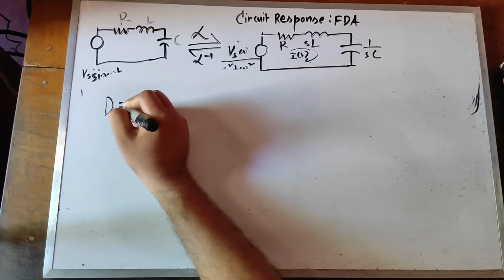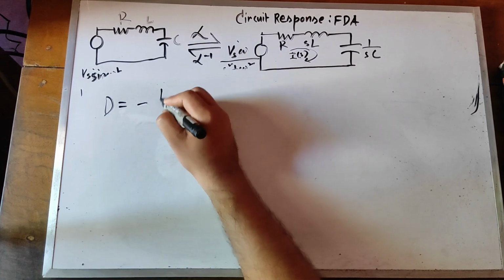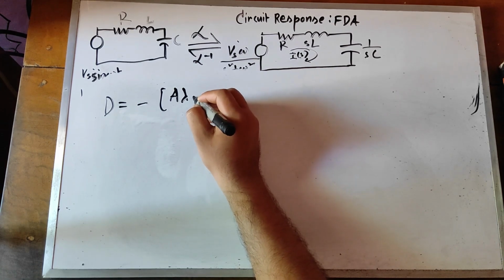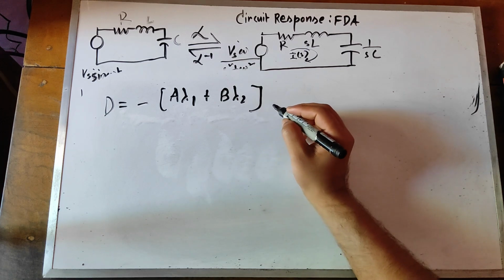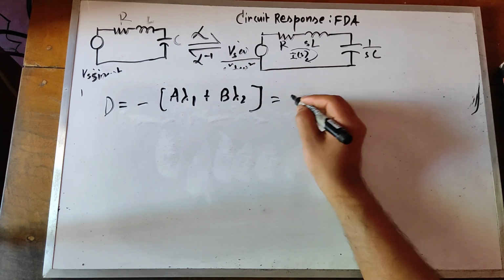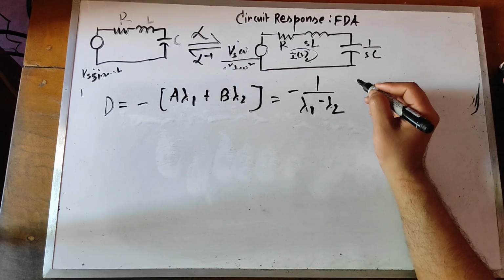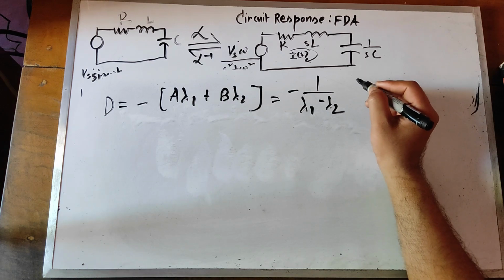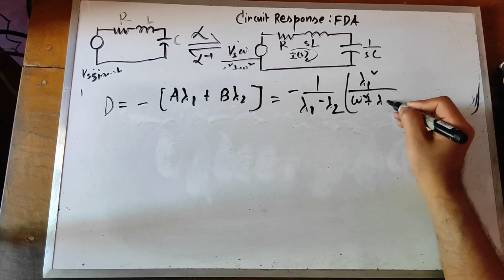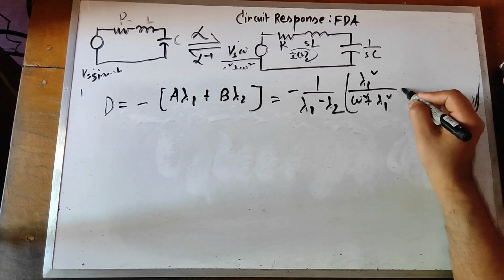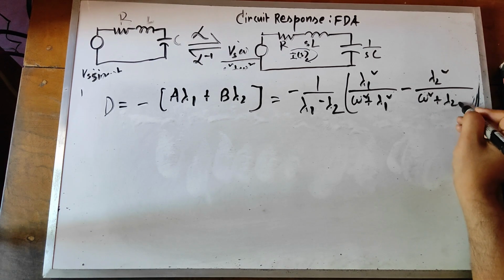So D was initially expressed as minus A lambda 1 plus B lambda 2, wasn't it? So if it was, I'm just going to take the shortcut: minus lambda 1 lambda 2 and lambda 1 squared by omega square plus lambda 1 squared minus lambda 2 squared by omega squared plus lambda 2 squared.